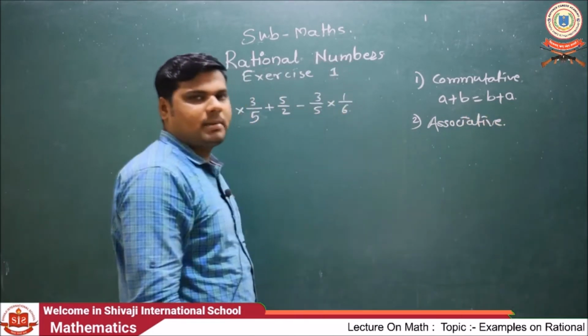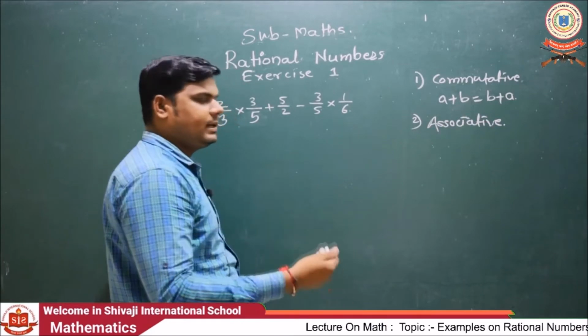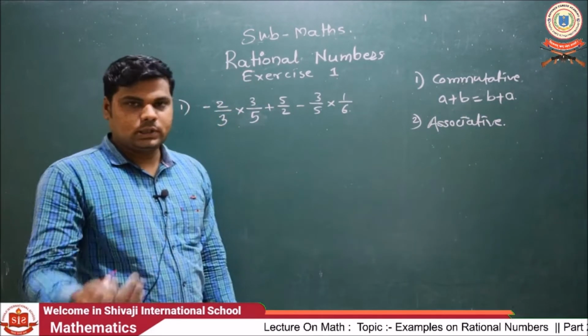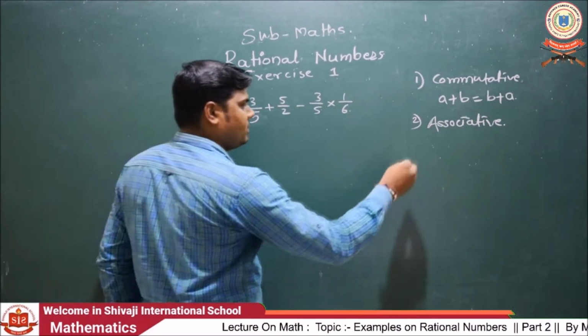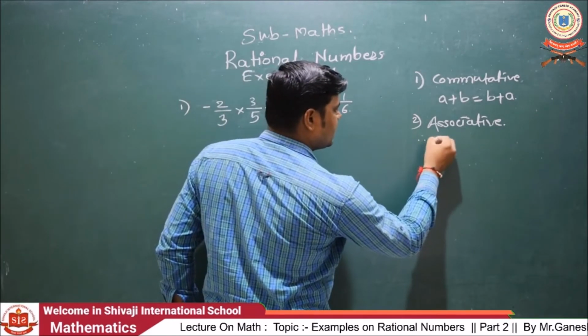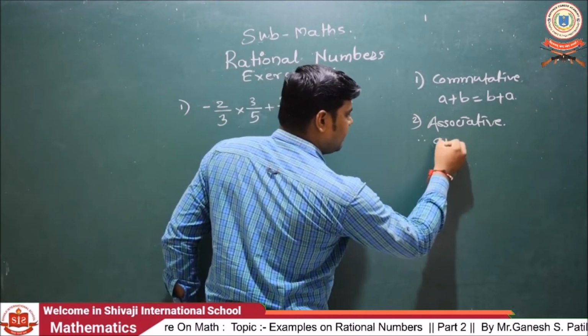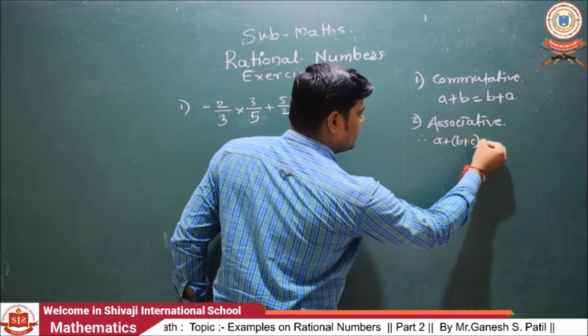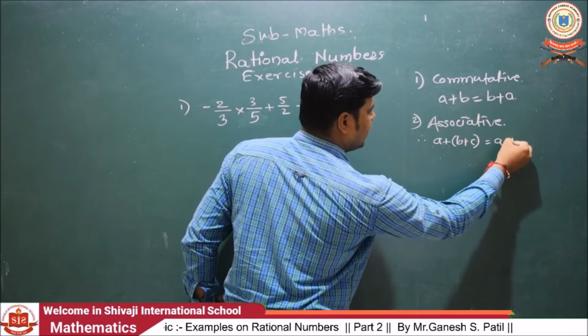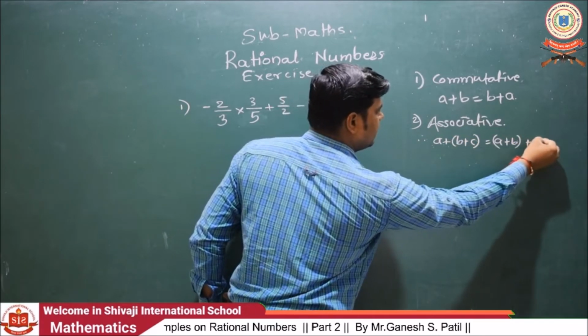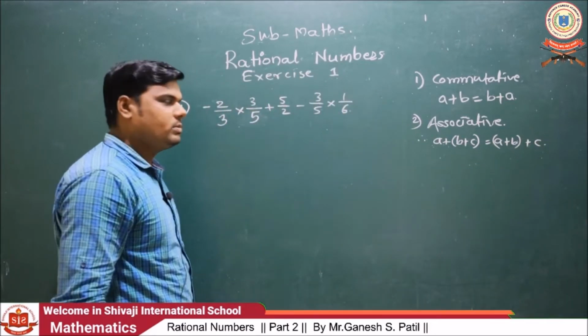We use the associative property for addition, subtraction, multiplication and division. Associative property means a plus in bracket b plus c is equal to a plus b in the bracket, plus c outside of the bracket.